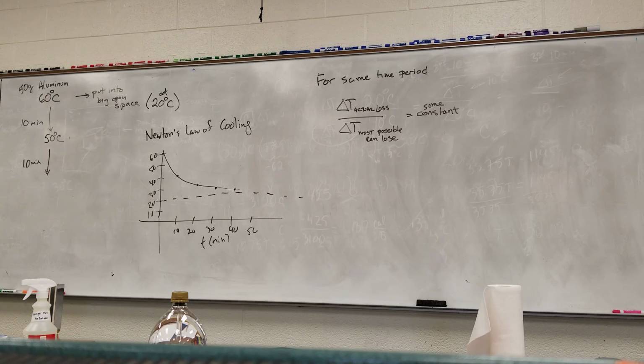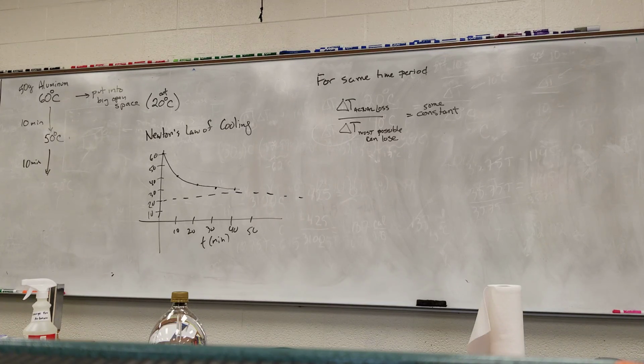So it's going to lose, that's basically a quarter. It's going to lose a quarter of what it could lose every time. So here, you could lose 30. So this delta T over 30 should be equal to 10 over 40. So it's going to lose the same fraction each time.